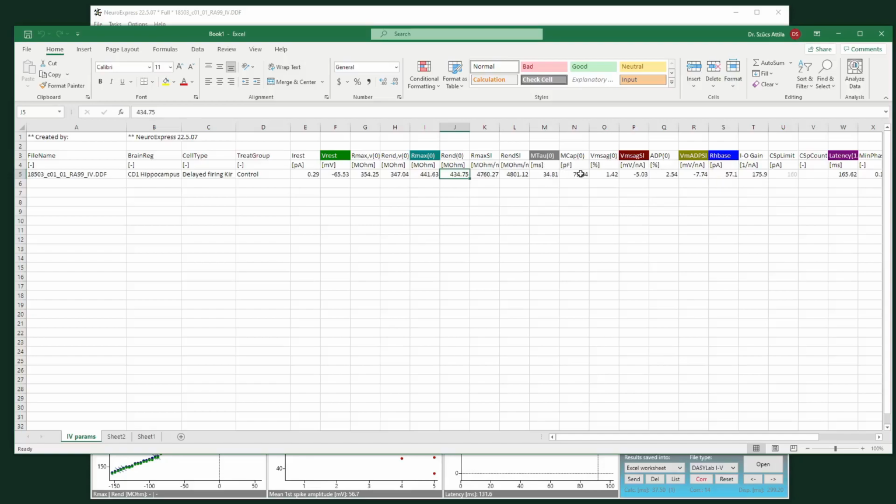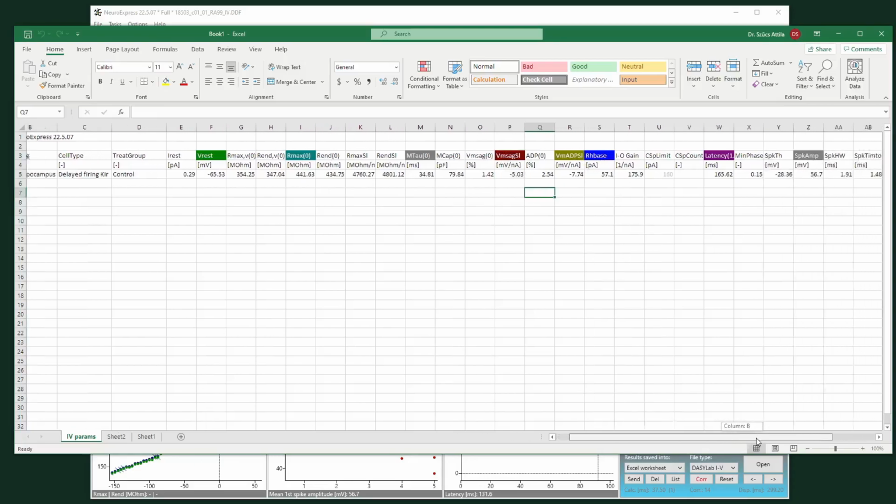Membrane time constant, membrane capacitance, the percentage of the voltage sag calculated from multiple voltage sag values, and the percentage of voltage sag relative to the maximal voltage deflection. So the voltage sag index or relative voltage sag is shown. The slope of the voltage sag response here, ADP, rebound, input-output gain, etc.